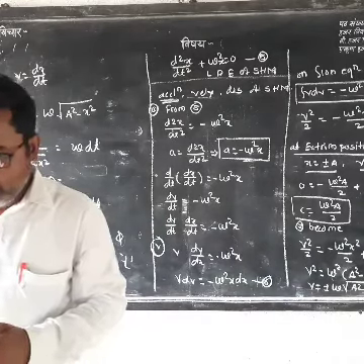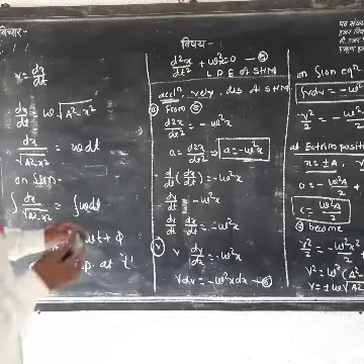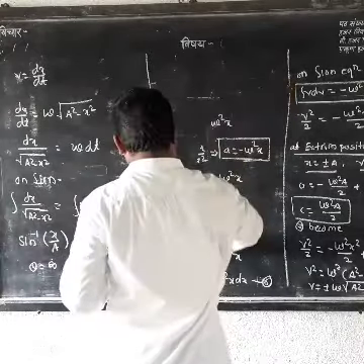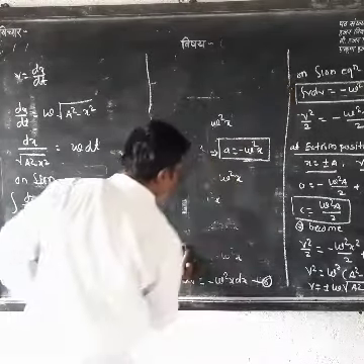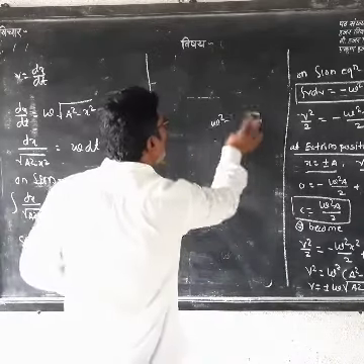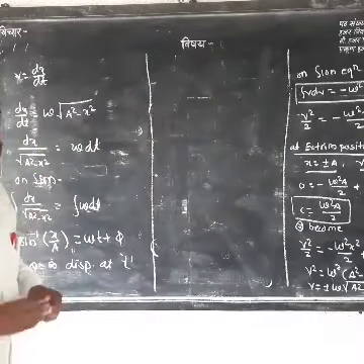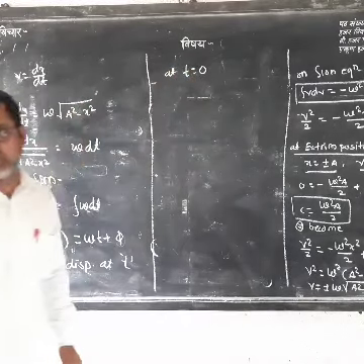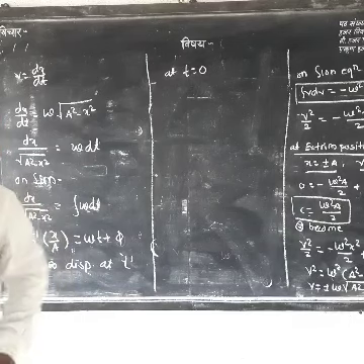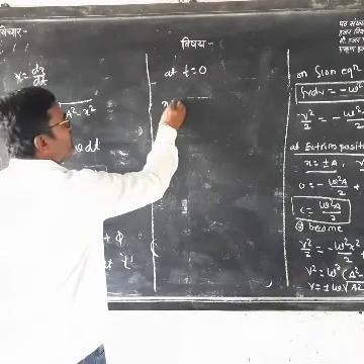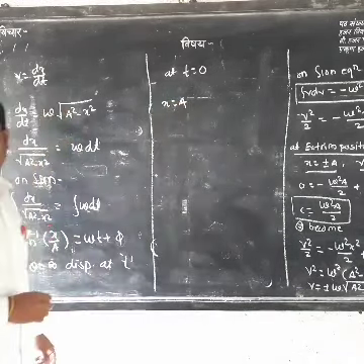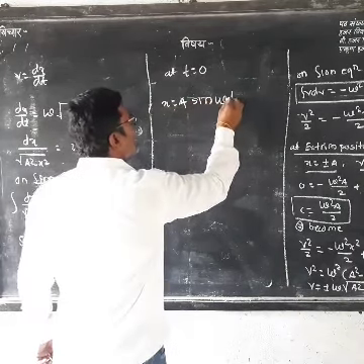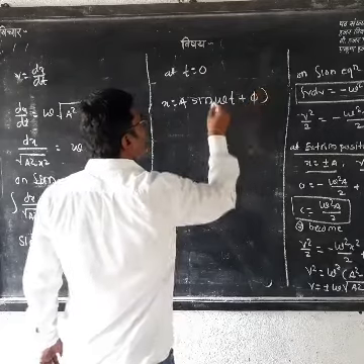Okay, now if we take t equal to 0, we get the equation x is equal to a sine of omega t plus phi.